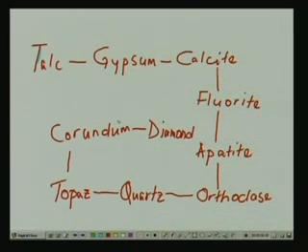So it is a 10-point scale in which talc has a value of 1 and diamond has a value of 10.